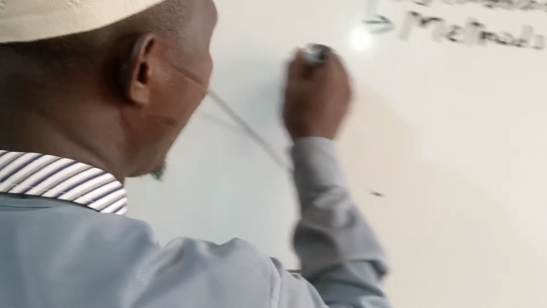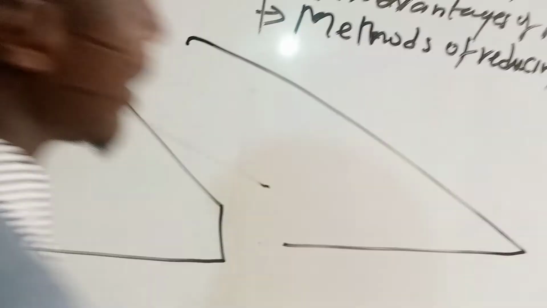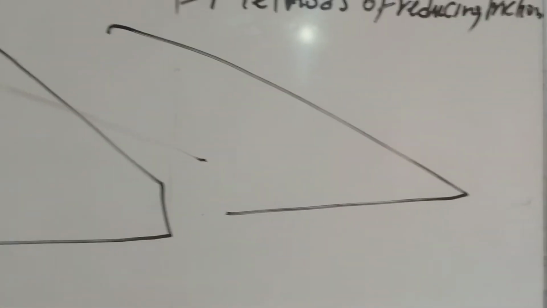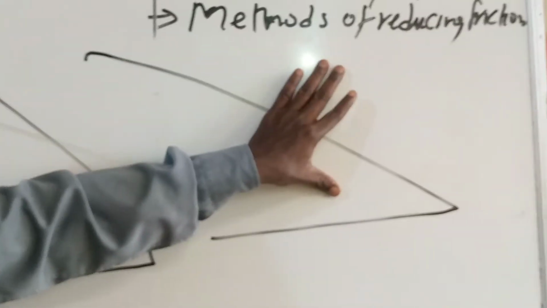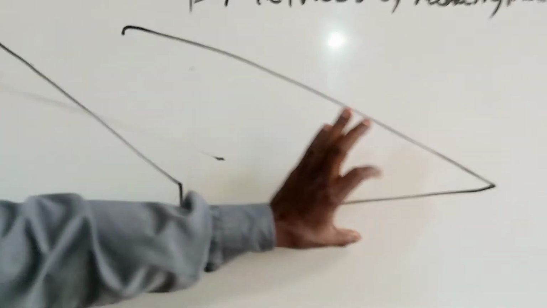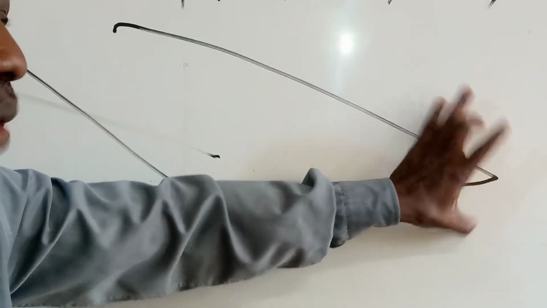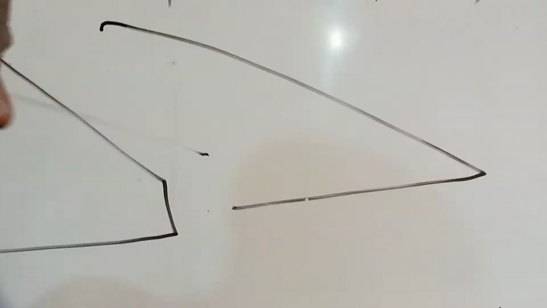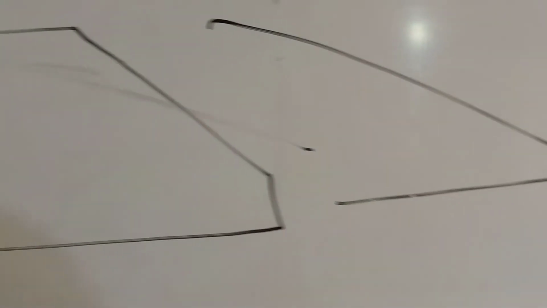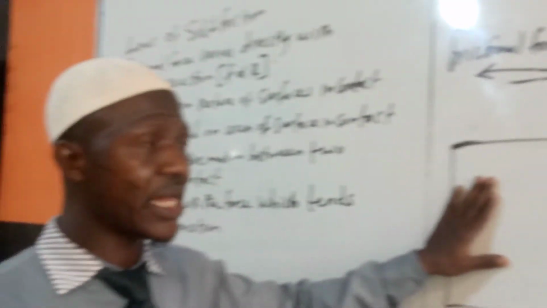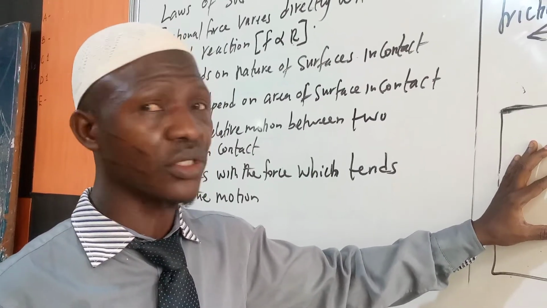The same thing is applicable to the plane. If you look at the plane, the front part is what? Pointed, in order to reduce friction. Therefore, the third method of reducing friction is what? They call it streamlining. Make the front part of the object or body pointed. So the next topic will be on liquid and gas friction, which is what? Viscosity.